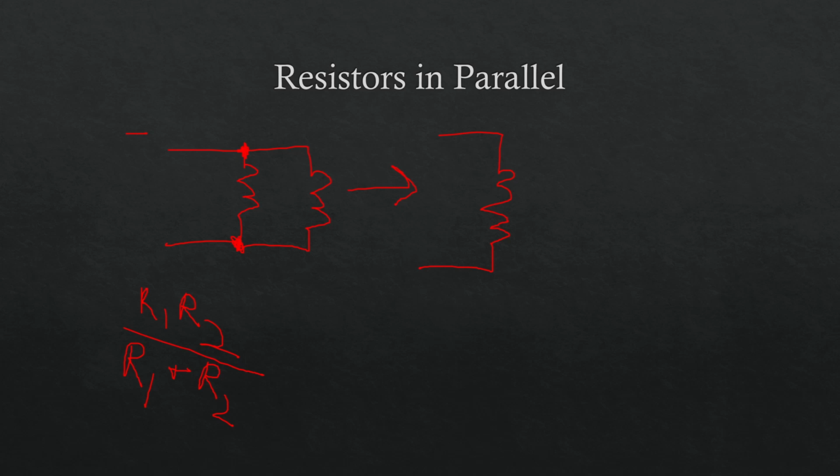So you take your first resistor multiplied by your second resistor, divided by the summation of the first resistor and the second resistor, which then reduces down to an equivalent circuit. R equivalent.